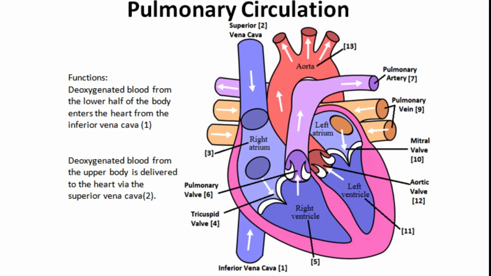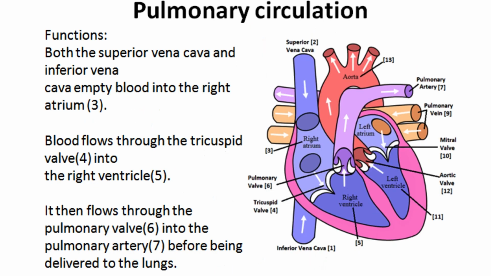You can see I have mentioned number 2. Both the superior vena cava and inferior vena cava empty blood into the right atrium. Right atrium is number 3. You can see here, blood enters here, deoxygenated blood from our body. Whatever carbon dioxide is released from every part of our body rushes here into the right atrium.